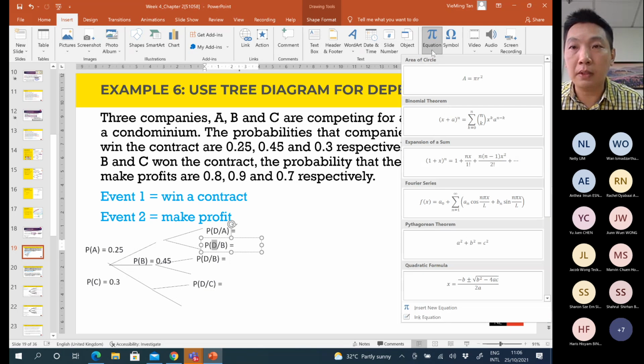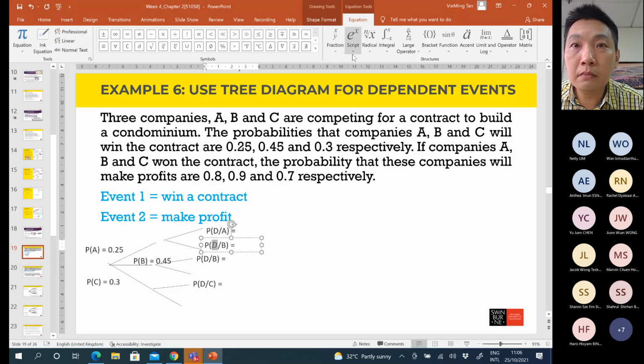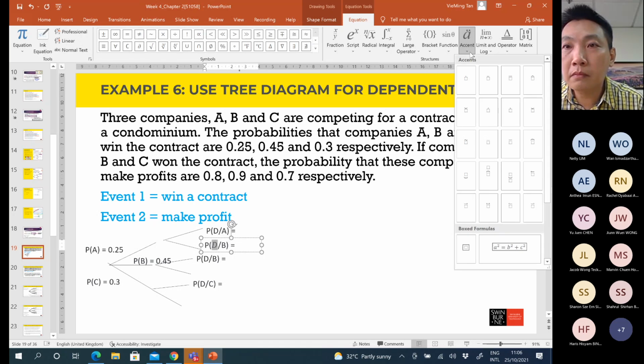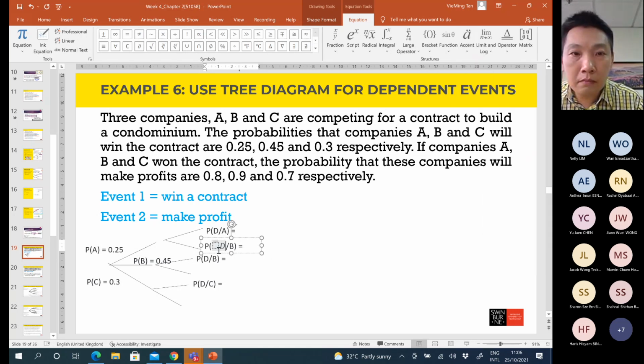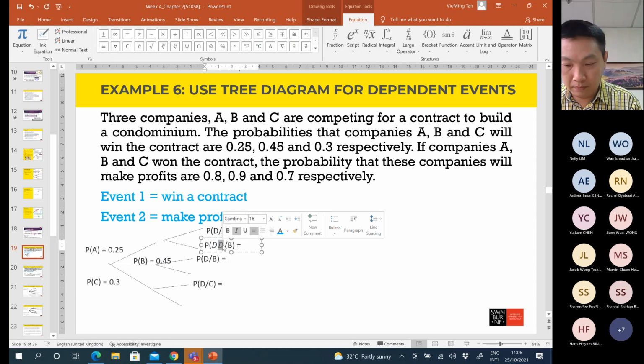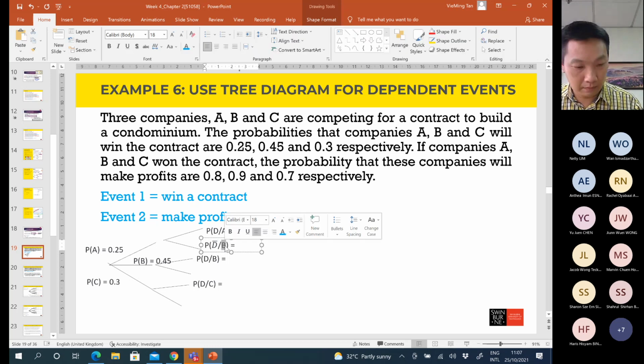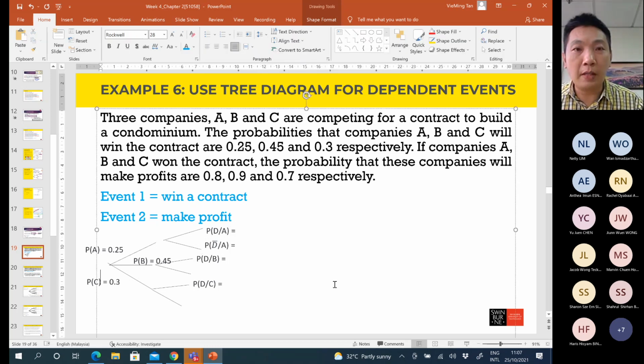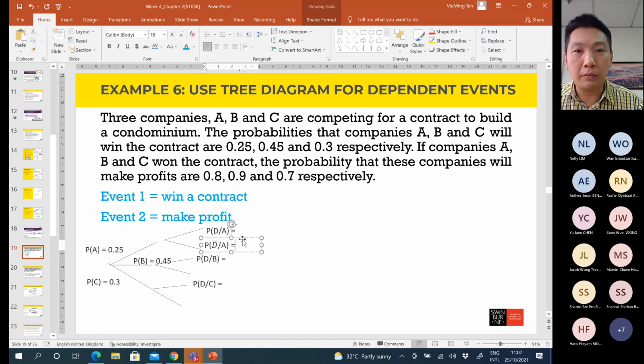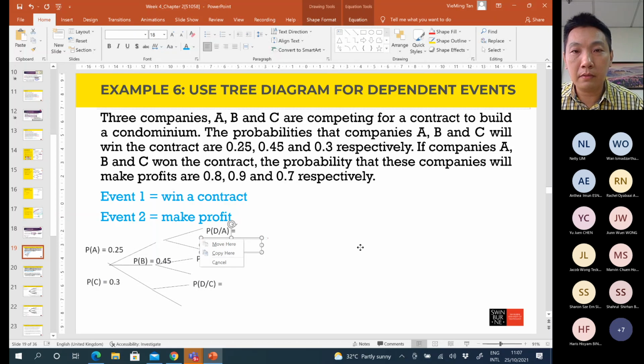I can use this symbol, D bar. This is A. So I set up first all the equations that we need.